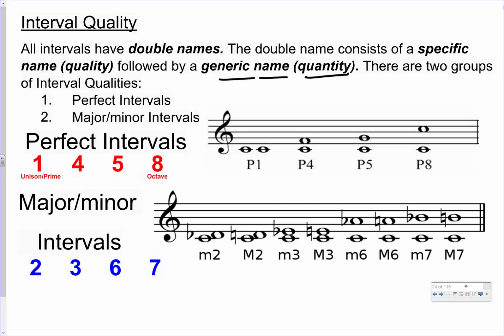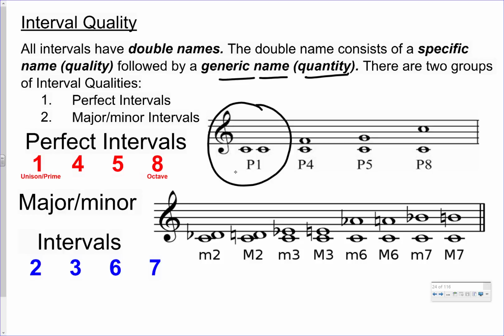So let's take a look at the examples of our perfect intervals. The first one I'll circle right here. Okay, this we know is a prime or a unison, and since it is the generic quantity of 1, it is considered perfect prime or perfect unison or perfect 1.